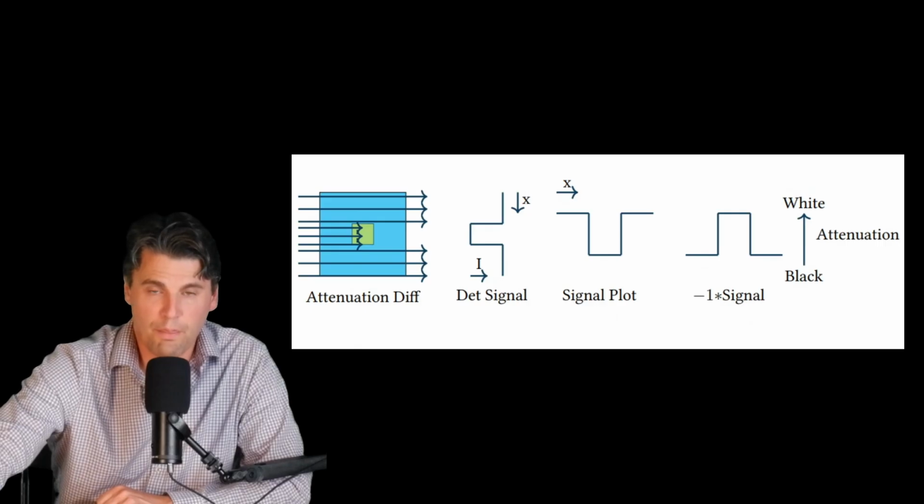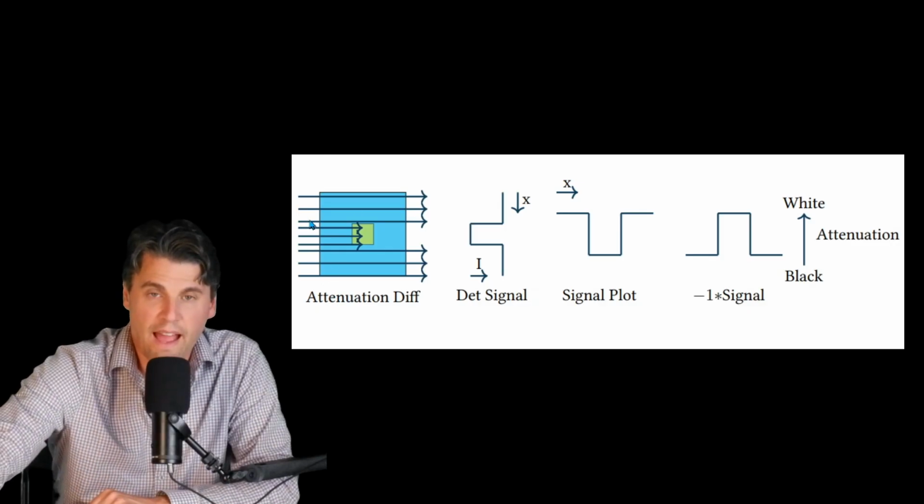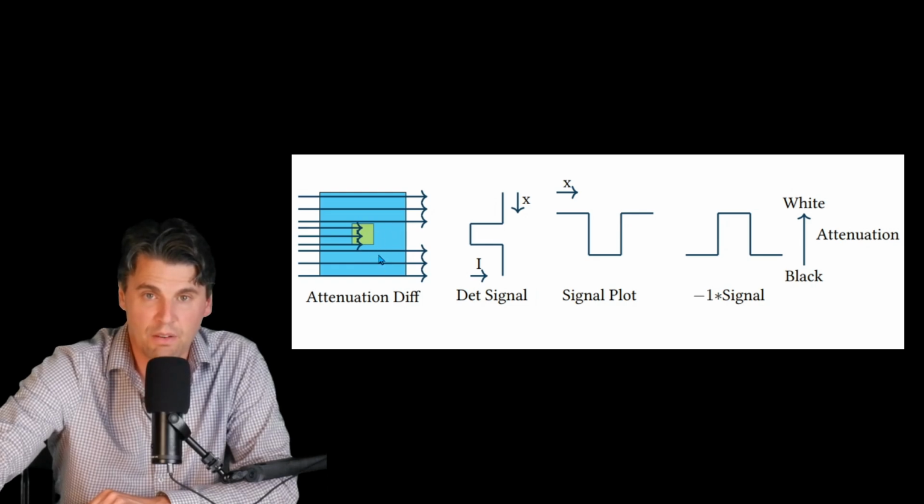Here is our model signal that we'll talk about. The X-rays are coming in this way. We're talking about just one narrow beam of X-rays coming in. In this object, we have a background, which is relatively lower attenuation, and we have an area in the middle right here, which is relatively higher attenuation. As the X-rays pass through, they're going to get measured on the detector.